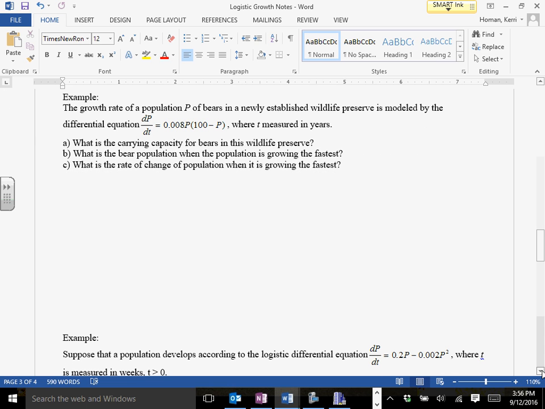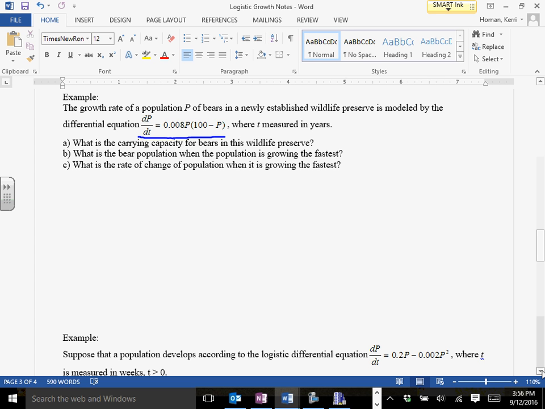Okay. So we have dP/dt given to us, and it looks like we do have the correct form. And this is modeling the growth rate of a population of bears in a newly established wildlife preserve, okay, where T is measured in years.